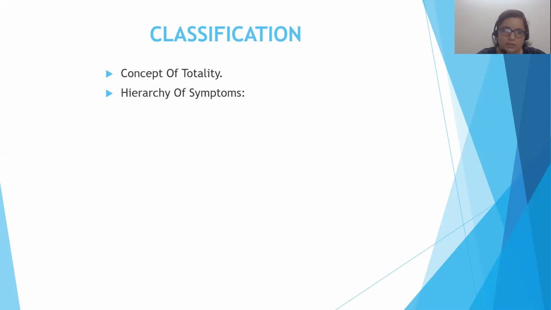So let's say there are certain common symptoms, but there are certain uncommon symptoms also. These uncommon symptoms are what we need to keep in mind. They will take us to the individualization in the case. These uncommon symptoms are very, very important for us.